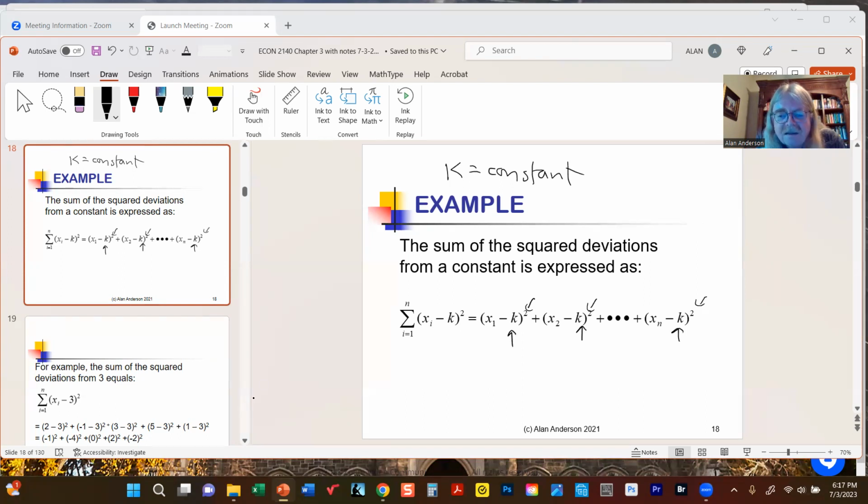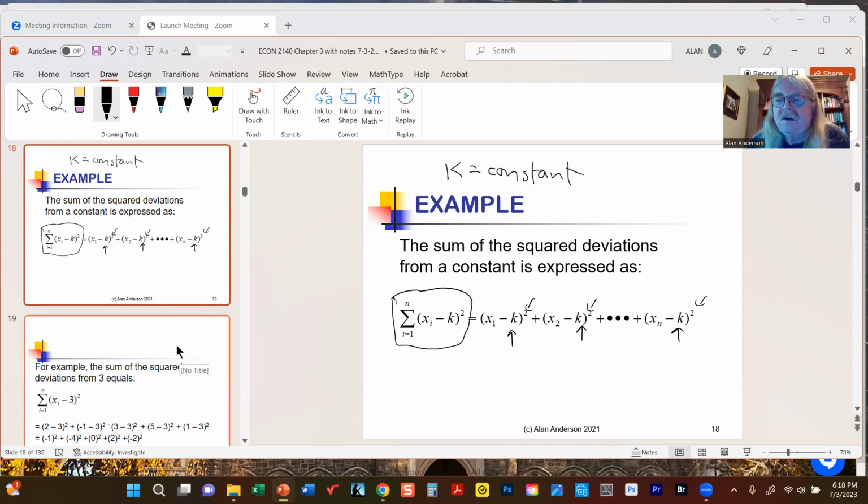So I have to subtract, square, and then add. It's a three-step process. It's a very compact way of saying, take each x in your sample, subtract the same constant k, square the differences, and then add them up. It sounds very challenging, but when you've done it once or twice, it's really not that bad.